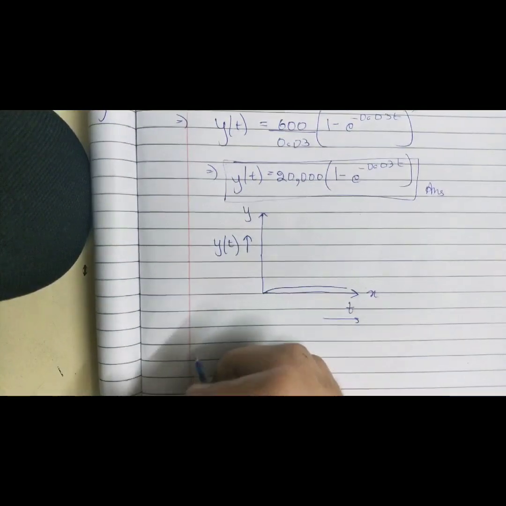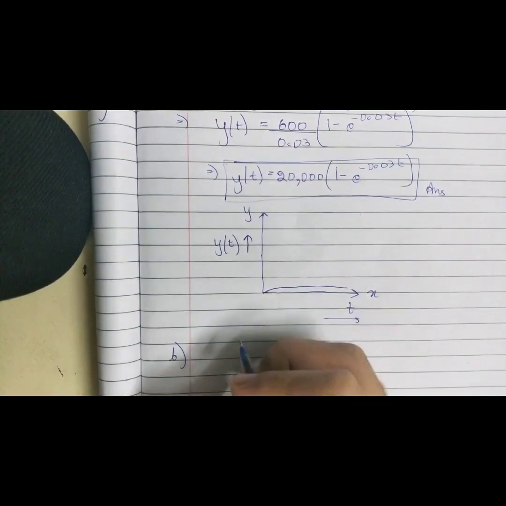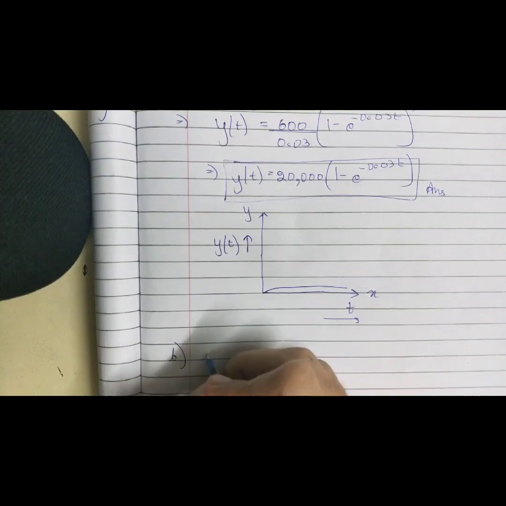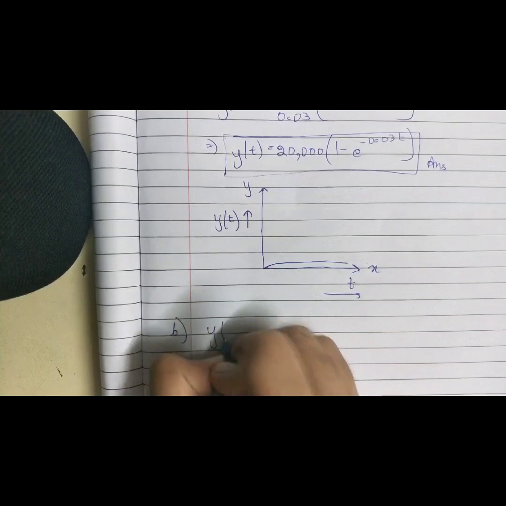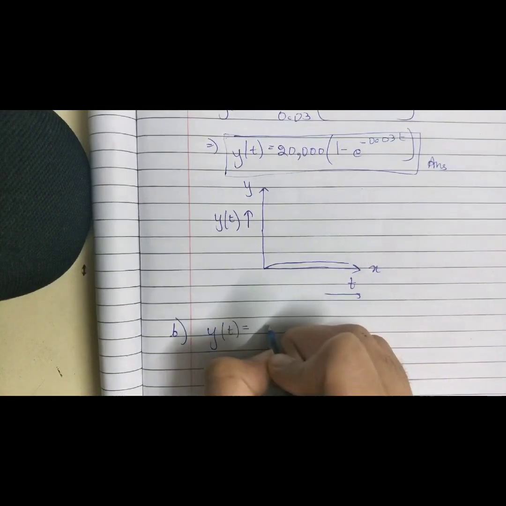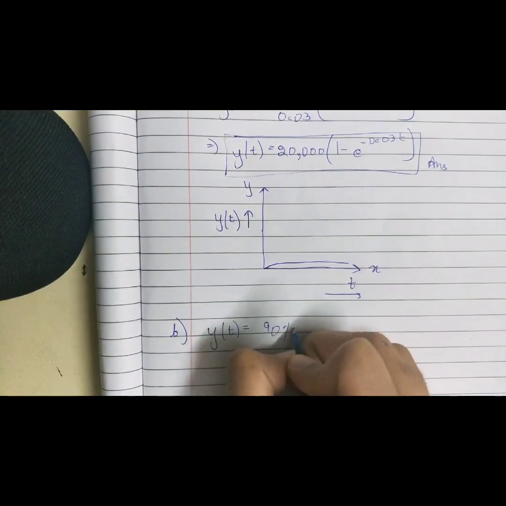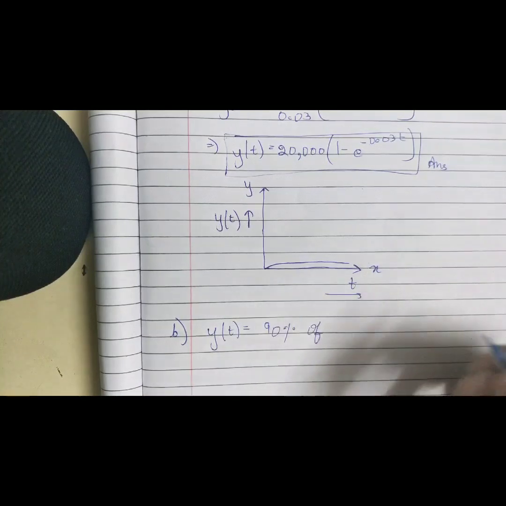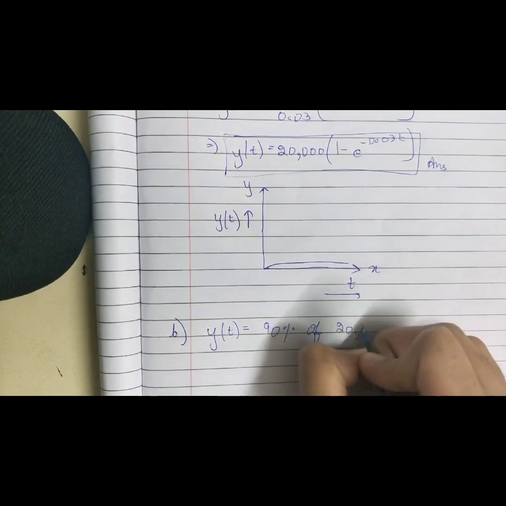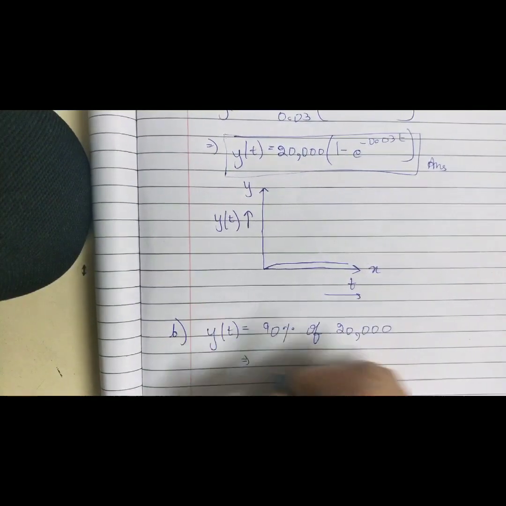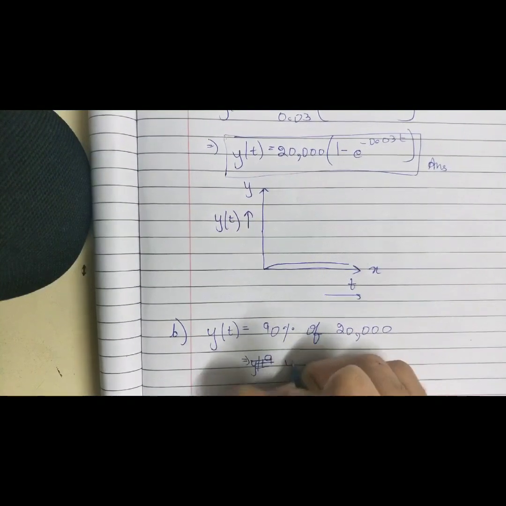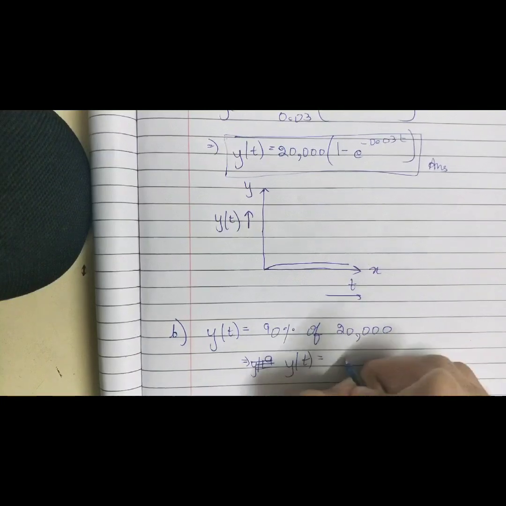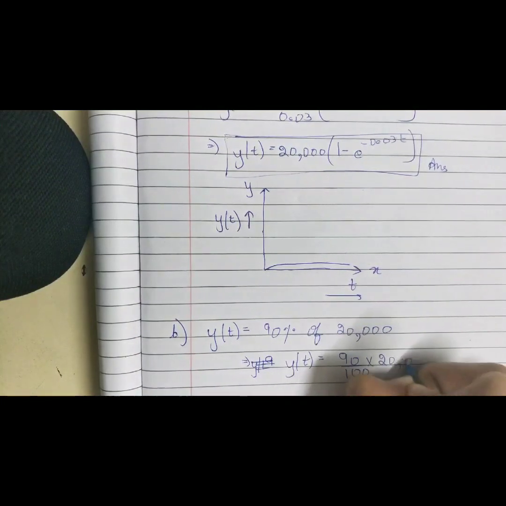The second part states: at what time will y(t) be 90% of the total amount of air, that is of 20,000? In other words, y(t) should be equal to 90/100 of 20,000.